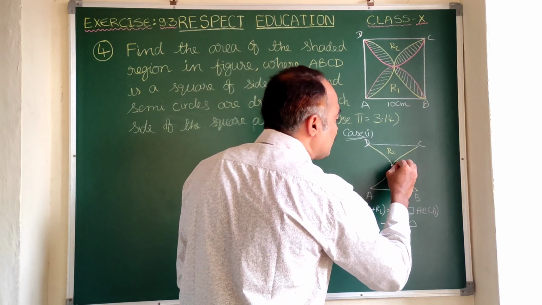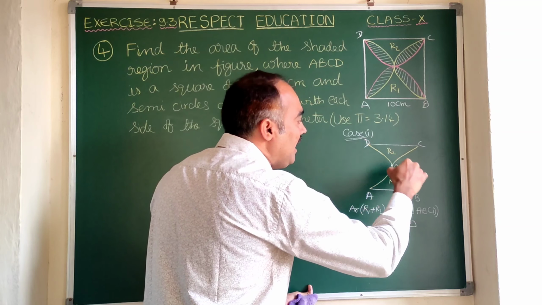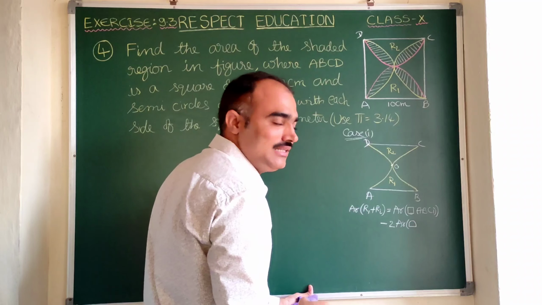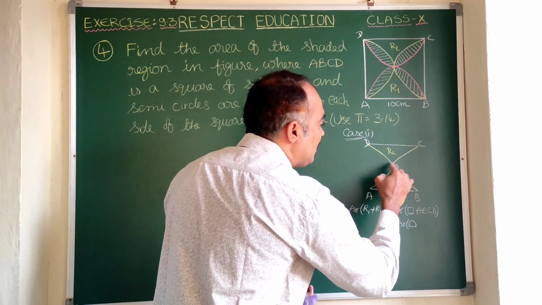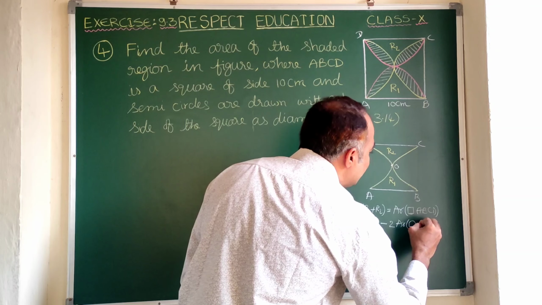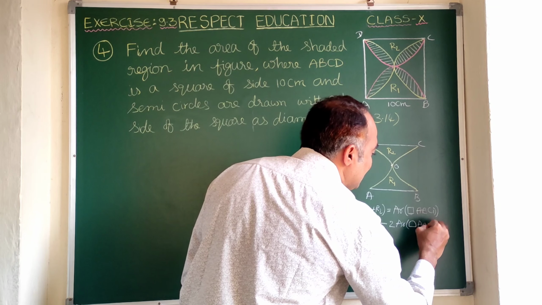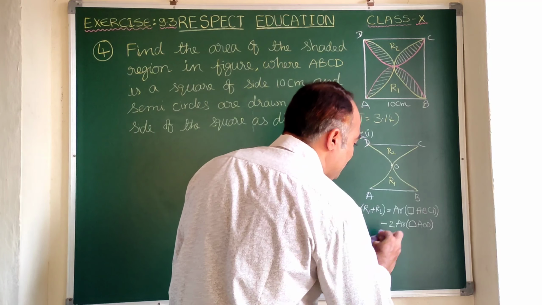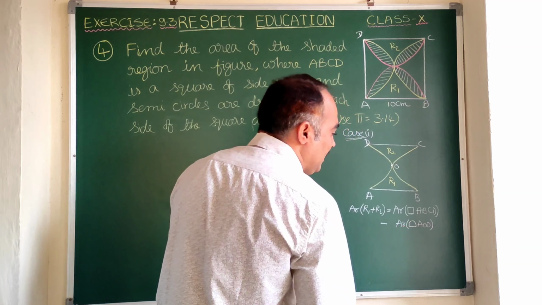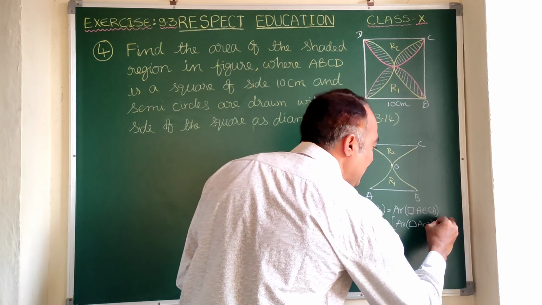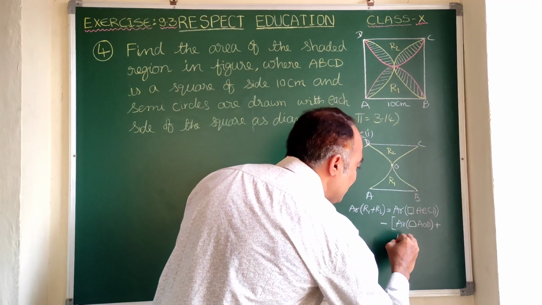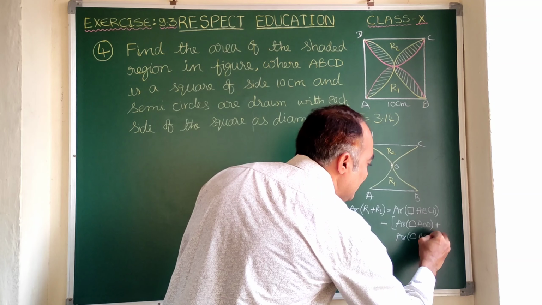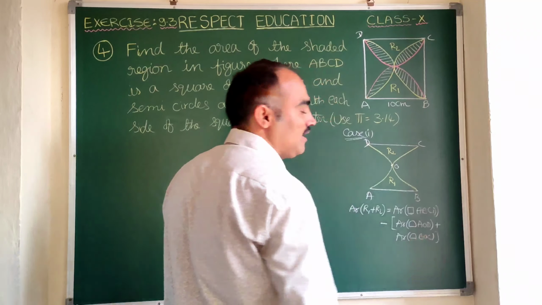Let us take this point as O, AOD and BOC. Because both are equal, the area of semicircle, let us say AOD. Or in fact you can write area of semicircle AOD plus area of semicircle BOC. It will be a little bit clearer for us.